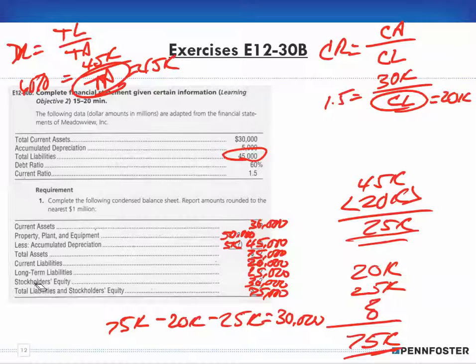So, a brain teaser here, but it's a good exercise because notice how I went about it. I said, okay, if I have a ratio and I know 2 out of 3 parts of each ratio, I could figure out the third part of it, which gives me additional information and lets me fill in the blanks.